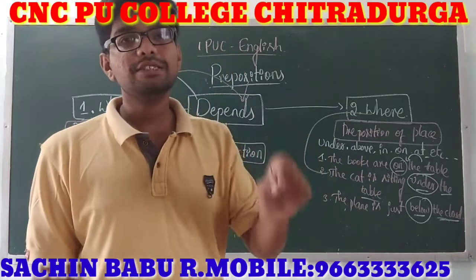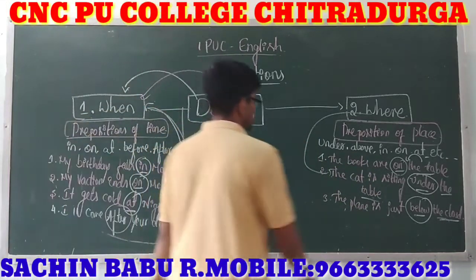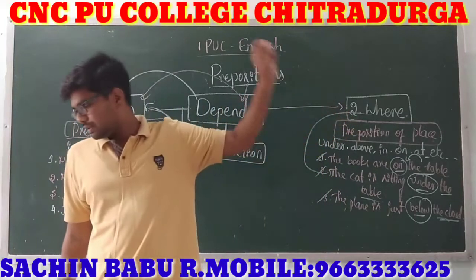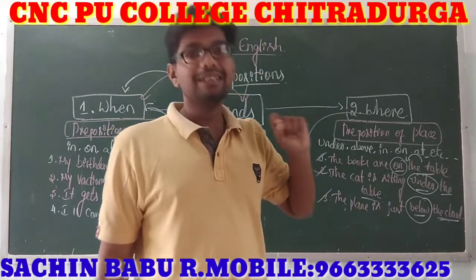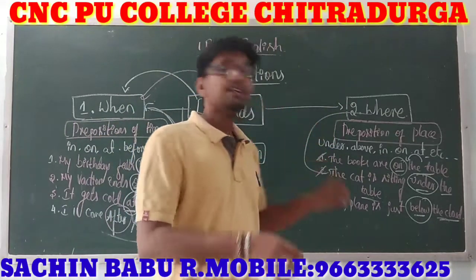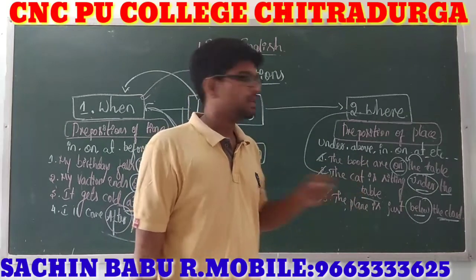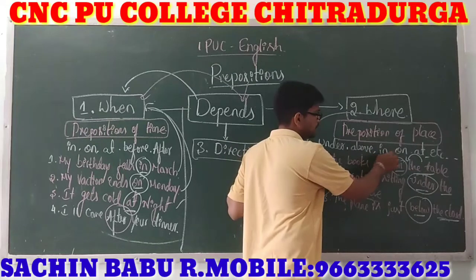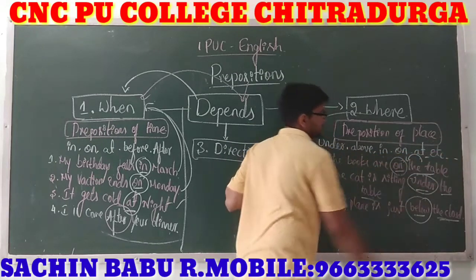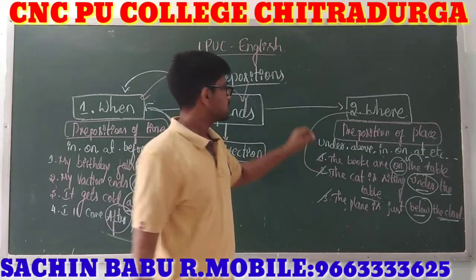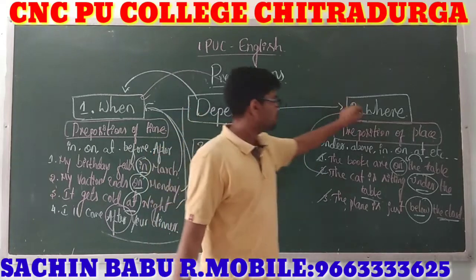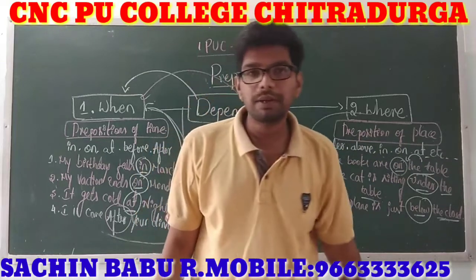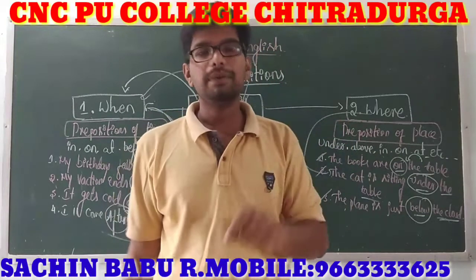The plane is just below the cloud. So this is where. And there are a number of examples we can give here. So this is under, above, in, on, at, etc. Got it? This is the preposition that depends on where, that is, prepositions of place. When talking about prepositions of place, you must remember their usage.